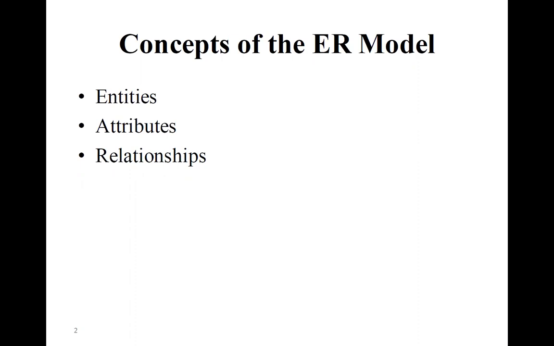So those are the real world things that we will work with for a library management system. We also need to know the details about each entity. For example, for a user, we want to know the user's name, right? Maybe the phone number, email, and some other details about a user. For books, we want to know the author of the book, ISBN, publisher, and so on and so forth, right? And the details about an entity are attributes.